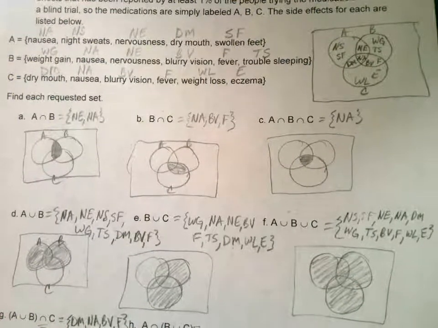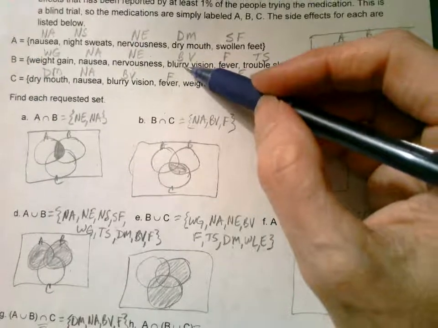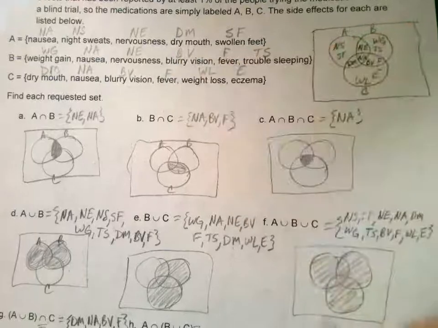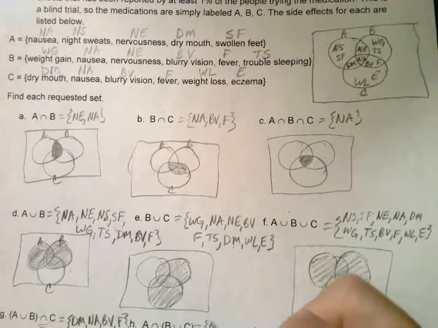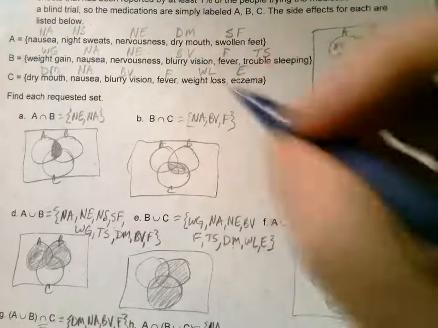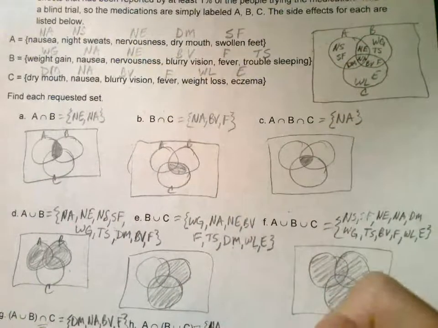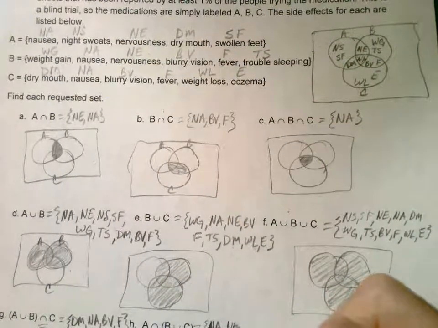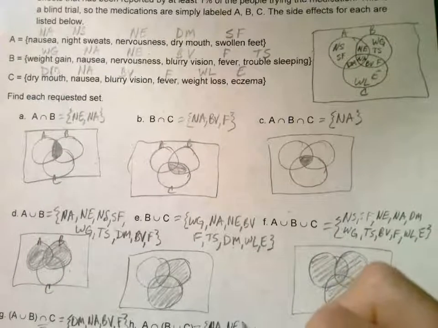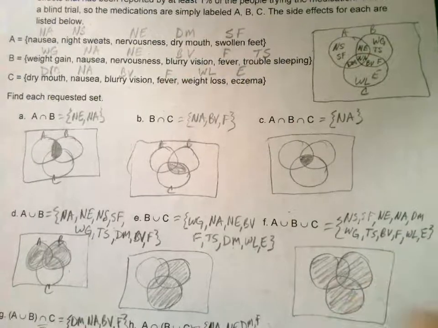So the intersection of B and C. So B and C, all of these intersect where with A. So all of these intersect, certainly the nausea, right? Because that was in all of them. And then the nervousness intersected with B. And dry mouth and fever?